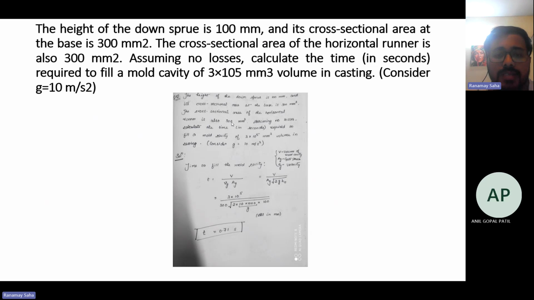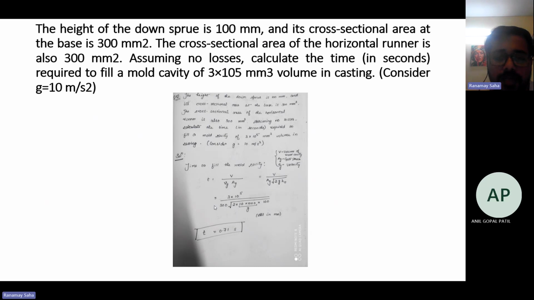So in this case, the area of the runner is given, 300 mm square. The ratio was given. We have considered the minimum area of sprue, runner and gate, right? So here you just plug in the values. The volume is 3 × 10^5 mm cube. We take care of the units. All are given in mm here.